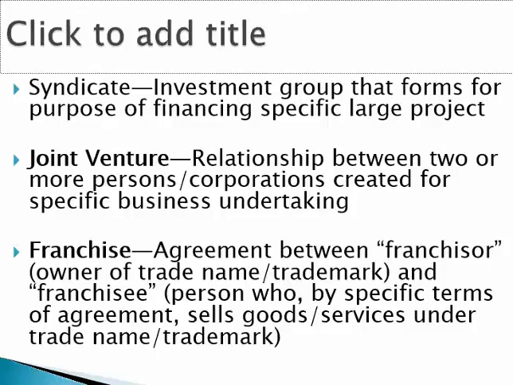The shares then trade openly on the secondary market. Joint ventures, as I mentioned and we looked at briefly in Chapter 6, are two or more persons or corporations created for a specific business undertaking. The best example, I'm sure there are good examples all around, but I really like the example of the oil joint venture. I believe it was oil exploration.